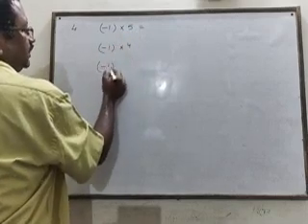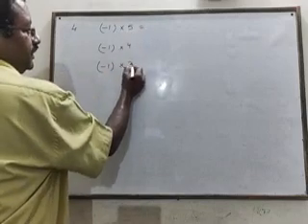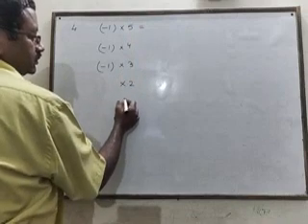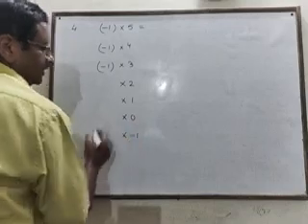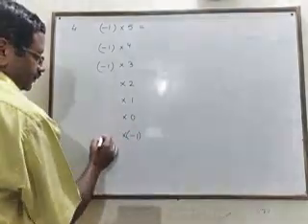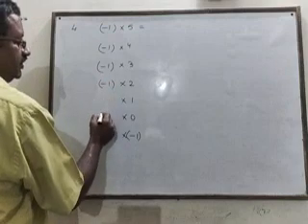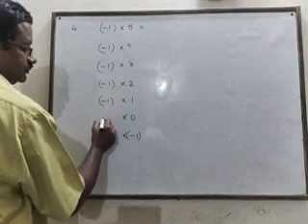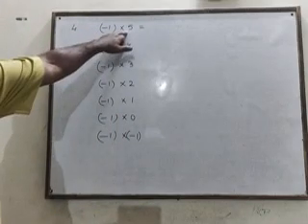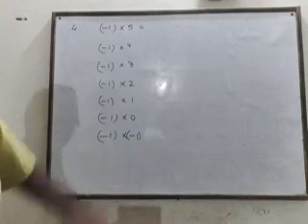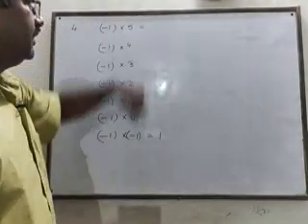5, we need to write the pattern. So -1 multiplied by 5, then 4, then 3, then 2, then 1, then 0, then -1. Up to this part we need to calculate the answers of these patterns. So starting from -1 multiplied by 5 up to -1 into -1 equal to 1, we need to write all the answers.